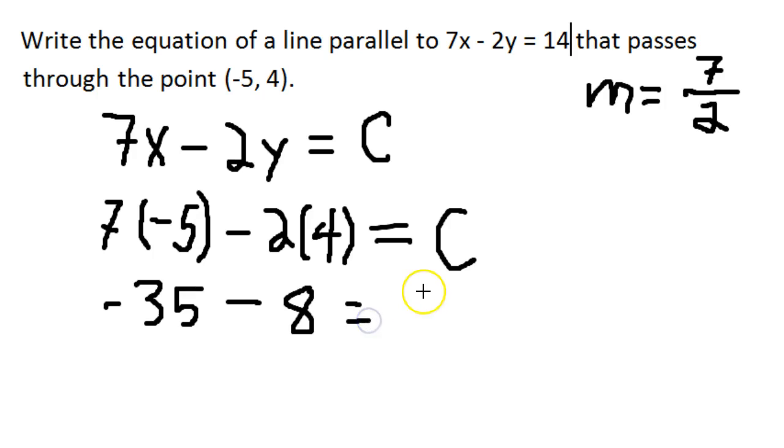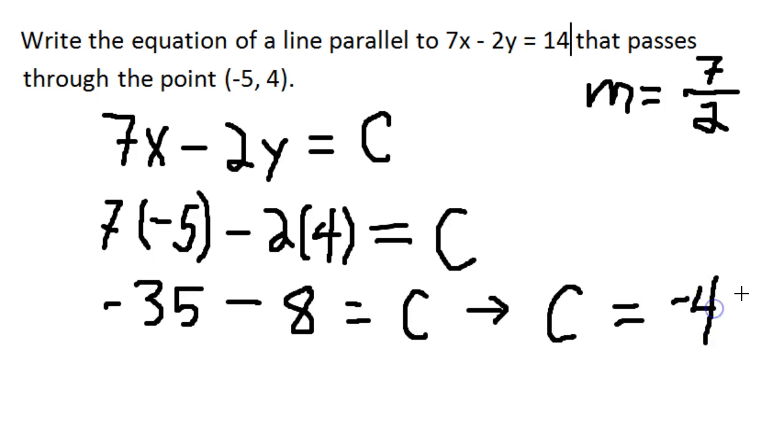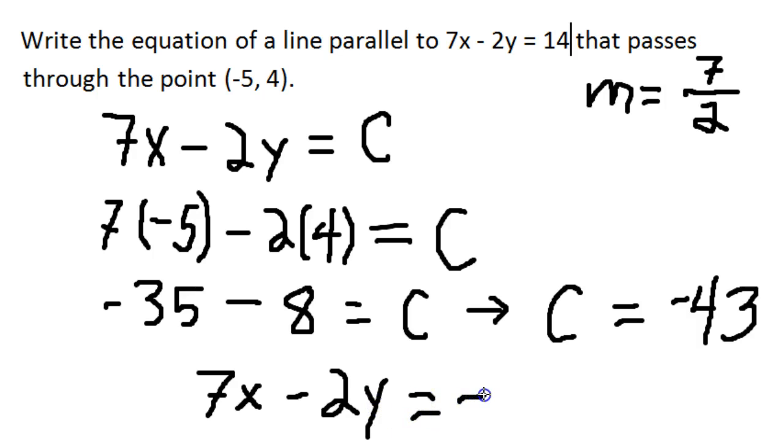Is equal to c. And so that means that c will be equal to -43. And so our final answer will be 7x minus 2y is equal to -43.